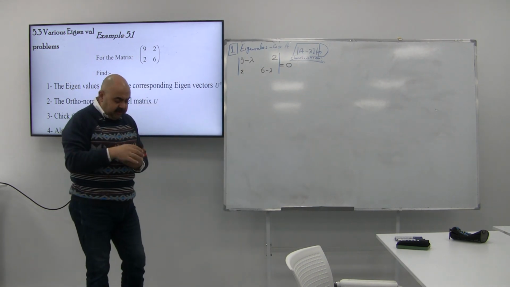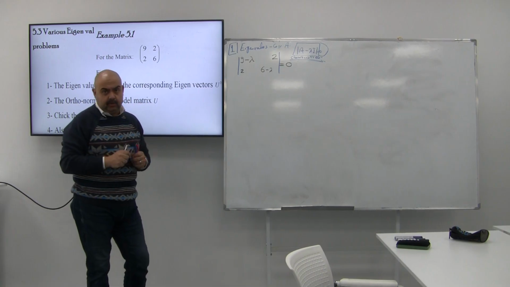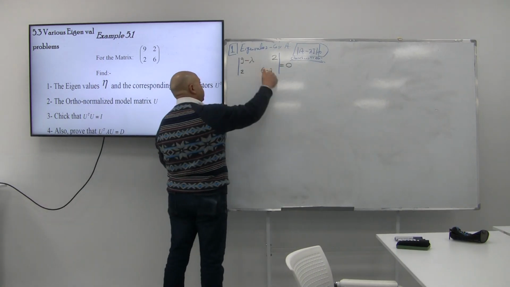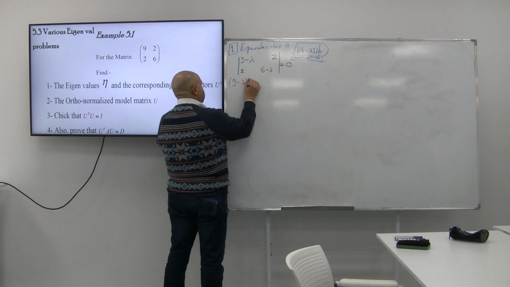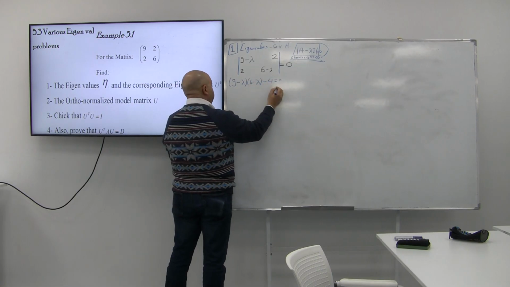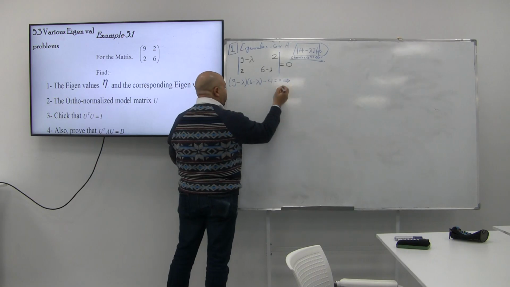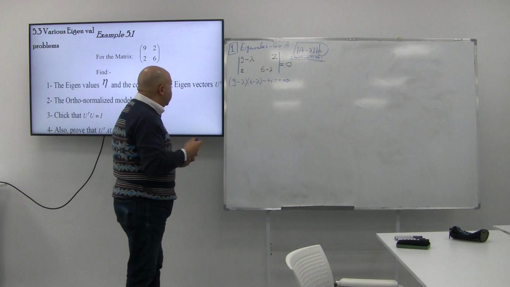Once you put the value of this determinant equal to 0, now I will have the equation that I told you about. I will start with multiplying the elements of the principal diagonal, which is going to be (9 minus lambda) times (6 minus lambda) minus 4 equal to 0. And this is a quadratic equation. So if I want to solve it, it's going to be really a piece of cake.